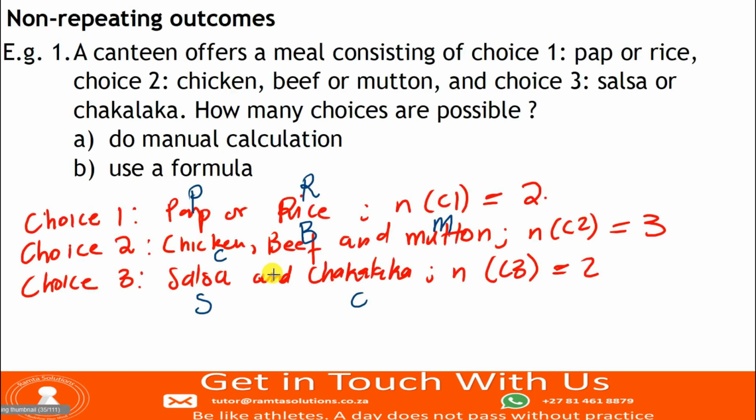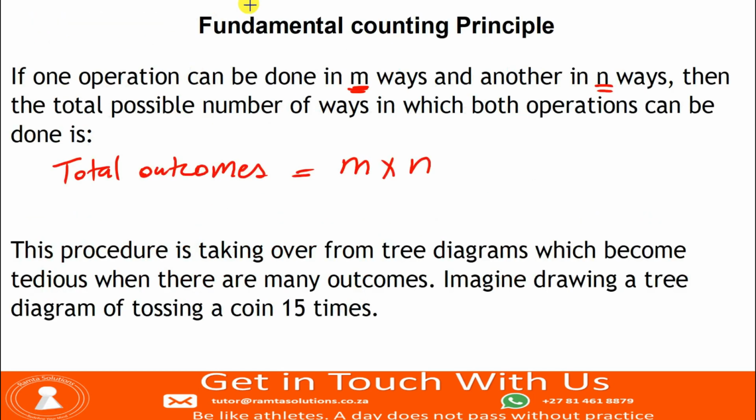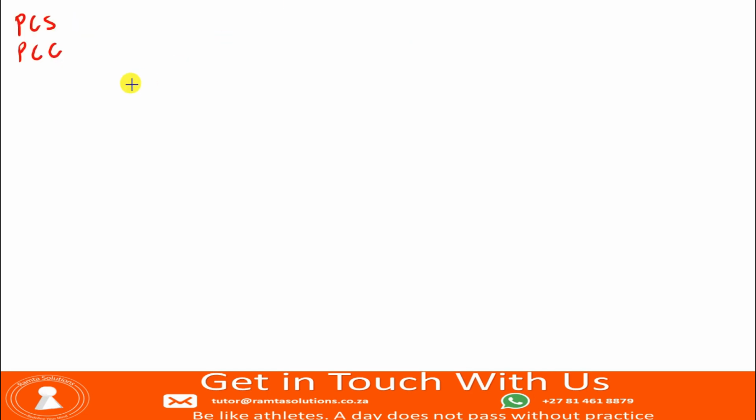So we can have pap, chicken, salsa, right? We can also have pap, chicken, and chakalaka, right? Let's see. Are we done? Yes. And then we can have pap, beef, salsa, pap, beef, chakalaka, or pap, mutton, salsa, or pap, mutton, chakalaka.